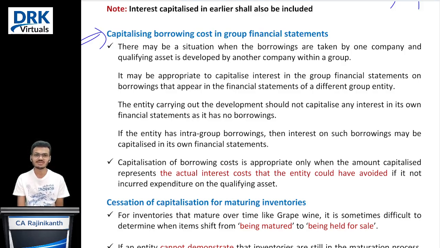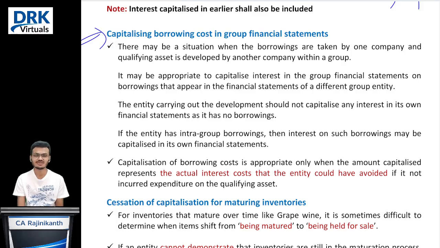In the subsidiary company's books of accounts, separate financial statements, qualifying asset construction is going on, but the subsidiary company doesn't have any borrowing. We should not capitalize anything because the subsidiary company doesn't have any borrowings. However, in consolidated financial statements, from the group's point of view, there is a qualifying asset and there is a borrowing.